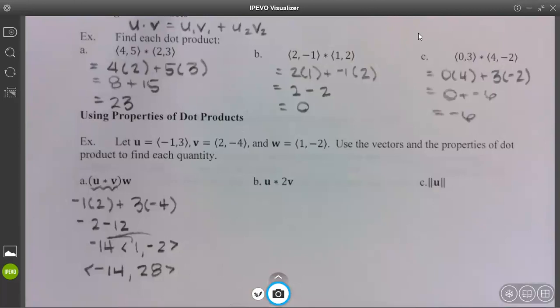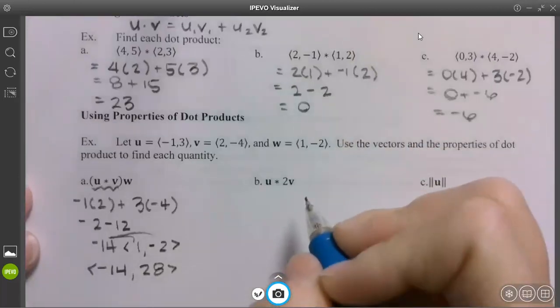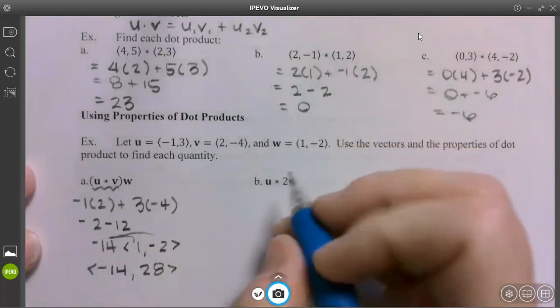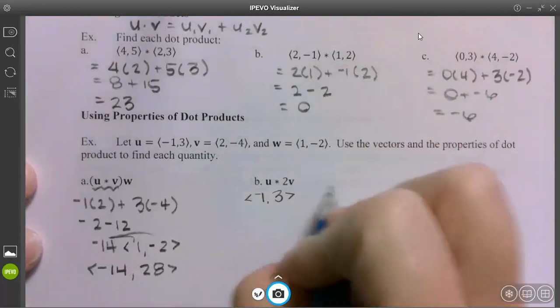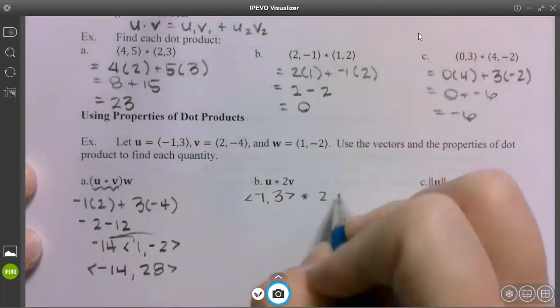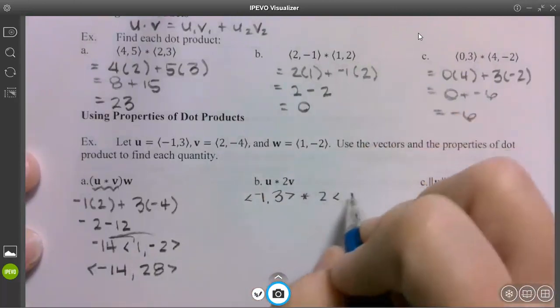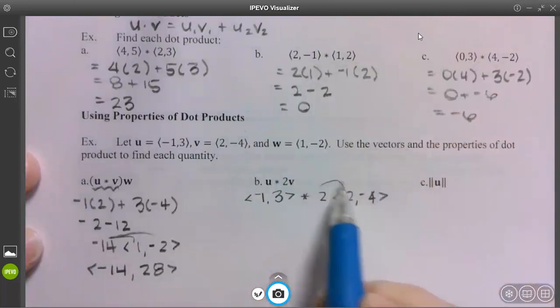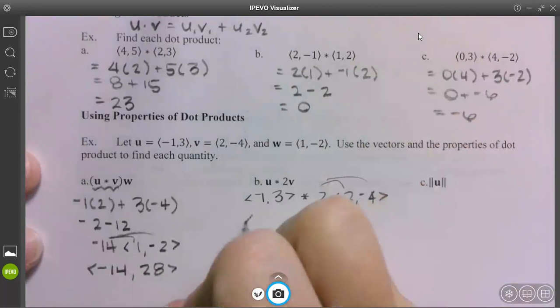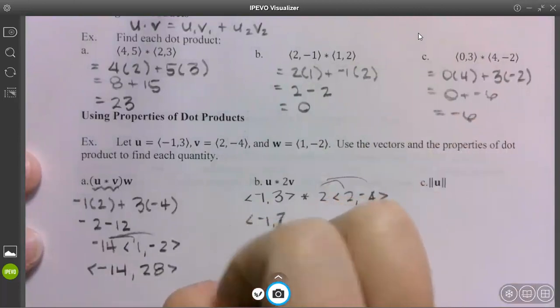U times 2V. We have U is negative 1, 3. We have to do 2V. V is 2, negative 4. We're going to distribute this 2 in, leaving this U alone.